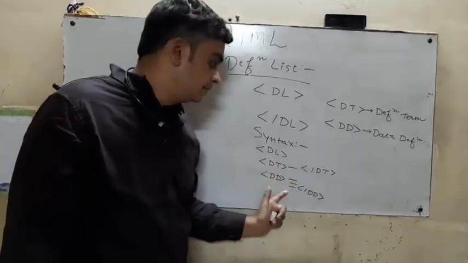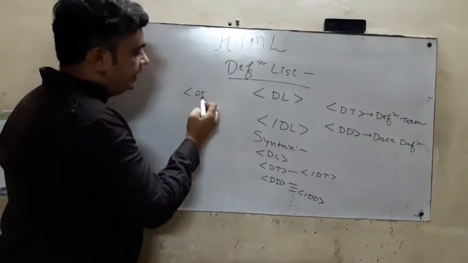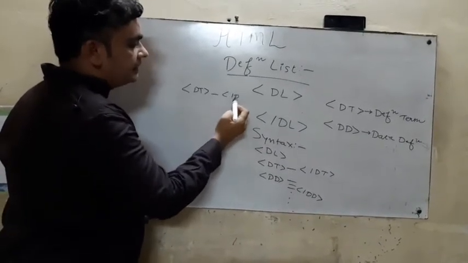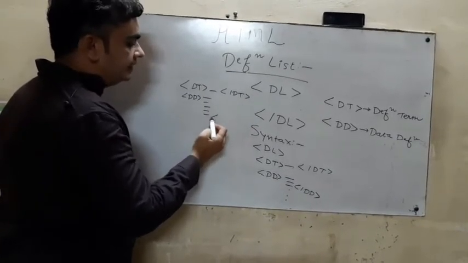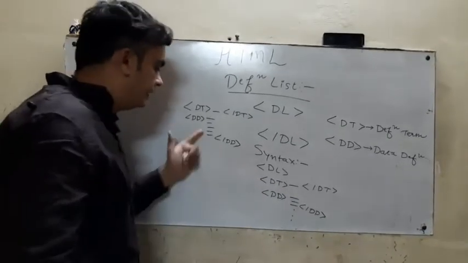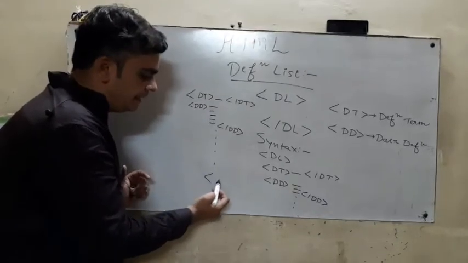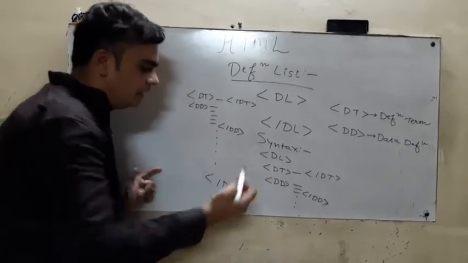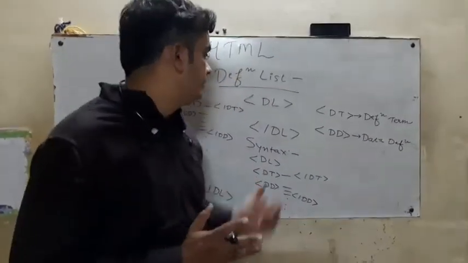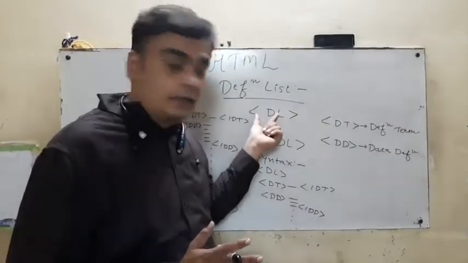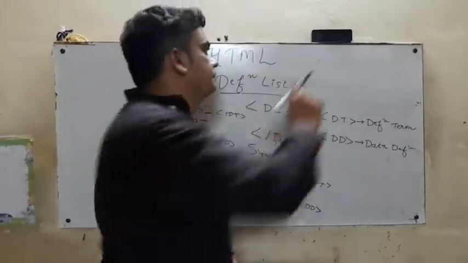If I want to display another definition also, again I use the DT tag, /DT, meaning another term. Then on the next line DD /DD, which represents the definition related with this DT. In this way, we can display multiple definitions in my web page. And my last tag is, friends, we will see one example of how to use the DL tag, DD tag, DT tag in our web page.